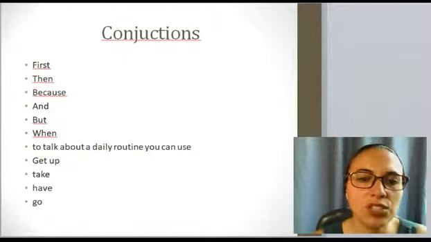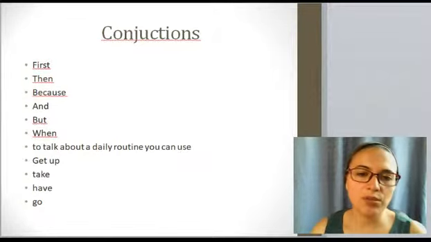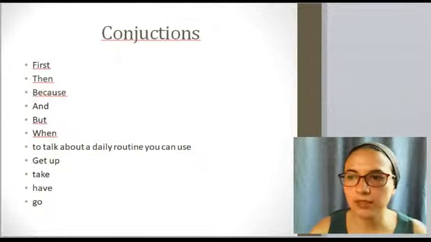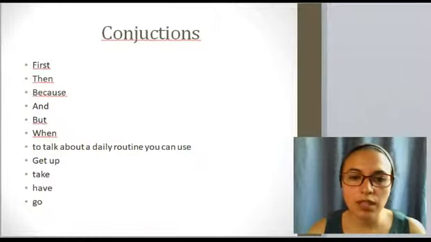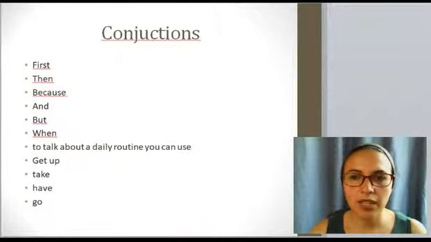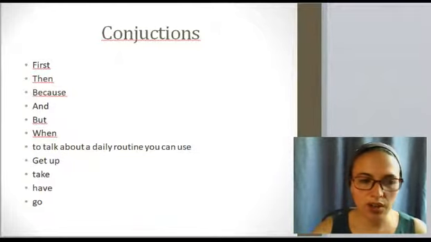Okay, next, conjunctions: first, then, because, and, but, when. To talk about a daily routine, you can use get up, take, have, go. For instance, I wake up at 6 o'clock.